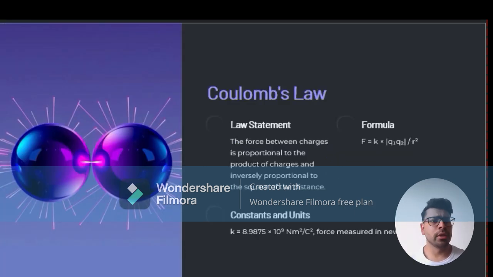Coulomb's law. Coulomb's law describes the electrostatic force between two charged particles.